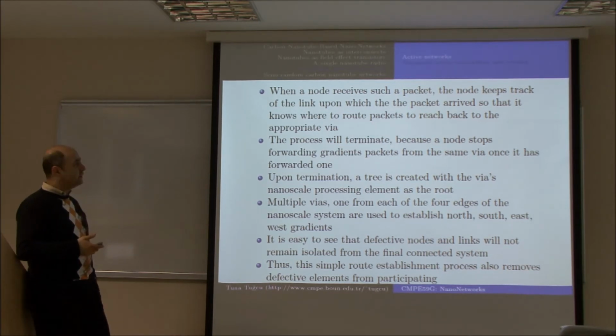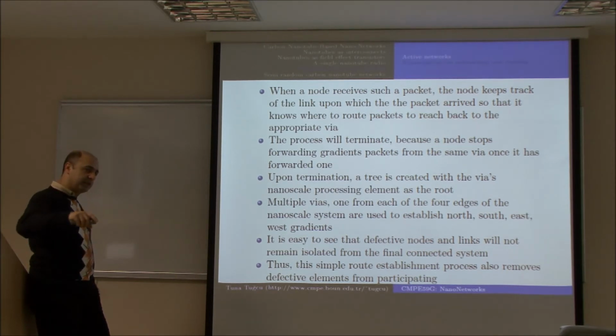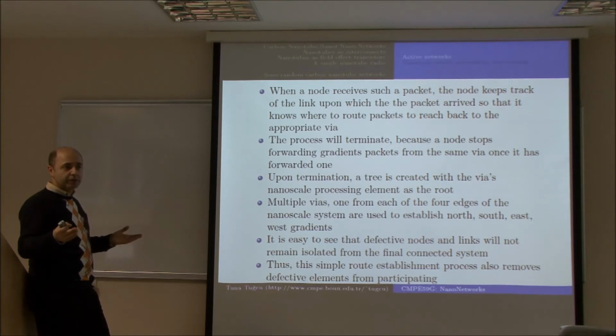It doesn't go on indefinitely because a node stops forwarding the gradient packets from the same wire once it has forwarded one. Which means if the same packet comes back to the node once again and the label says this is coming from this wire, if you have already seen that before, you don't keep propagating it. So this wave eventually will diminish.